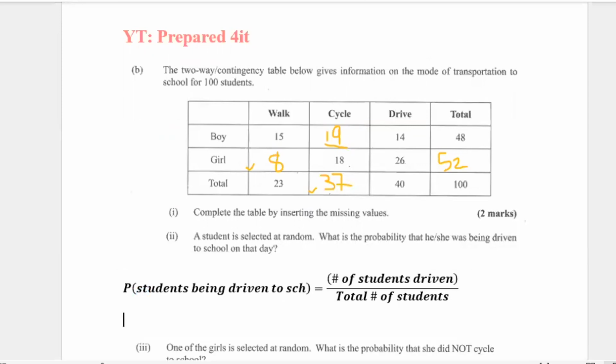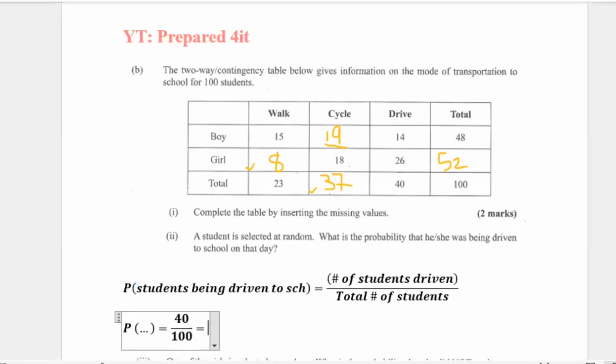And yes, Renisa and everyone else above, the difference between your answer and those above is that they simplify. And remember, in mathematics, once it can be simplified, you go ahead and do so. The total number of students that were driven is 40 over the total number of students, 100. This can be simplified.